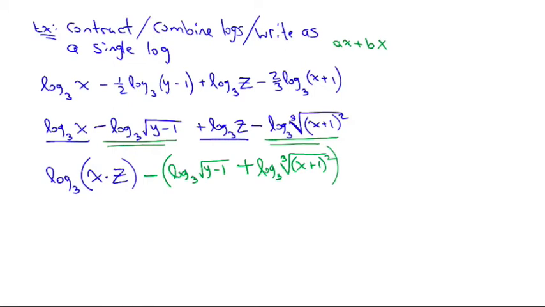Well, I can take the ones on the inside because it's being added and multiply those two as factors. So you get log base 3 of x times z minus log base 3 of what?